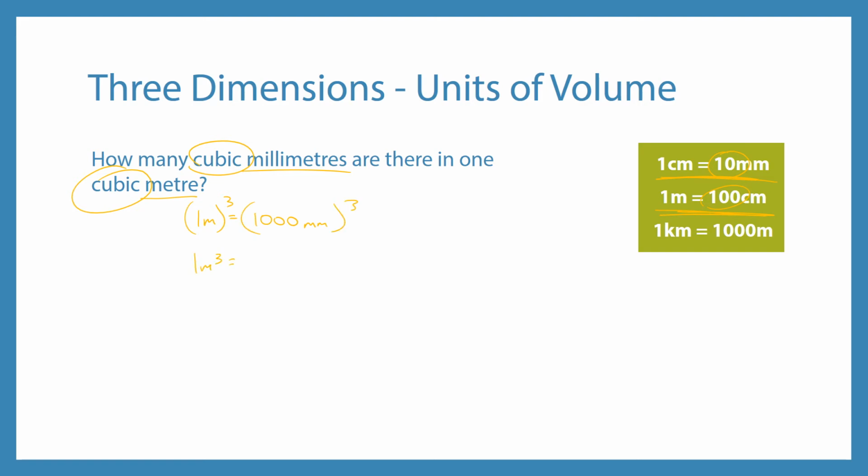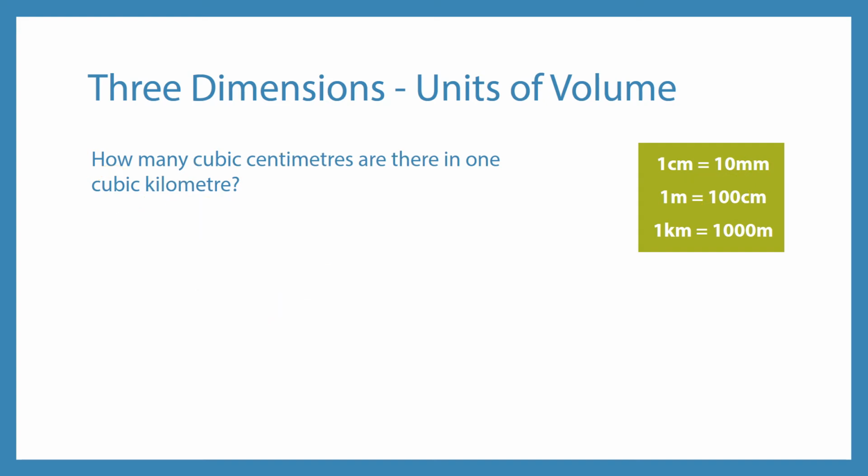So you get 1 cubic meter equals 1,000 millimeters by 1,000 millimeters by 1,000 millimeters, or 1 cubic meter equals 1 followed by 9 zeros cubic millimeters. So as you can see, when you get to cubic, it becomes even more dramatic, the size of the numbers.